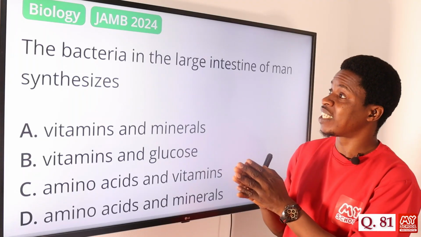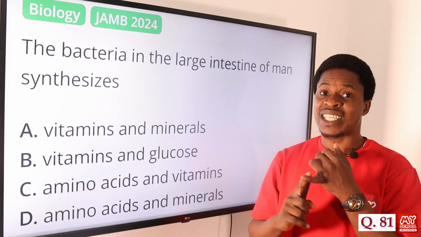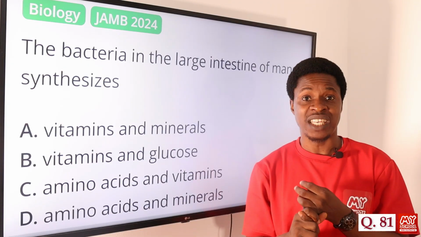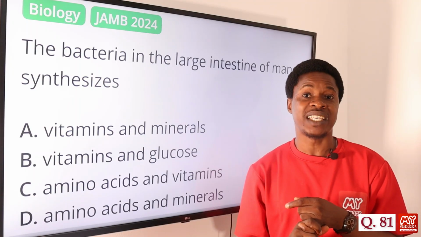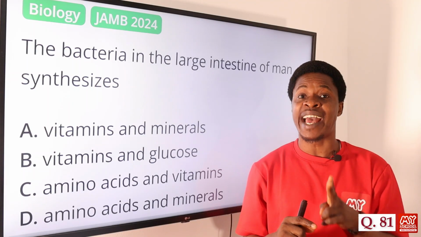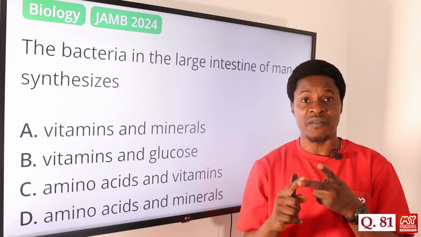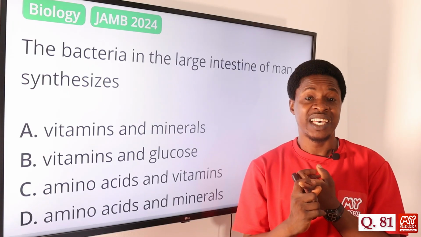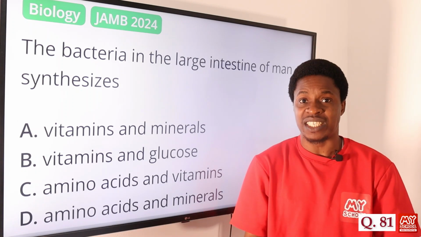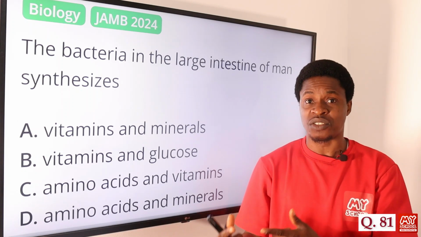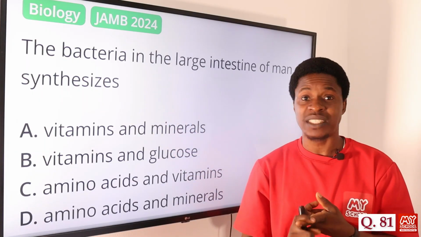Usually the bacteria have the potential to synthesize vitamin B and vitamin K. Those are the two vitamins synthesized by bacteria in the large intestine of man. And we know that vitamin K enhances blood clotting and stops excessive bleeding when there are injuries. So the bacteria help in synthesizing vitamins.